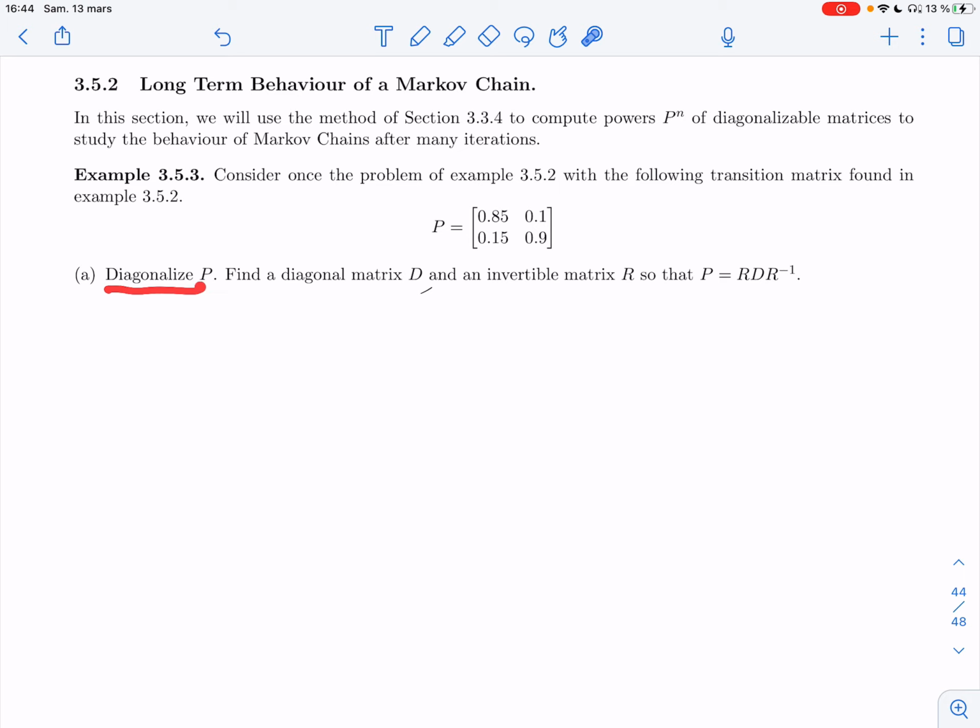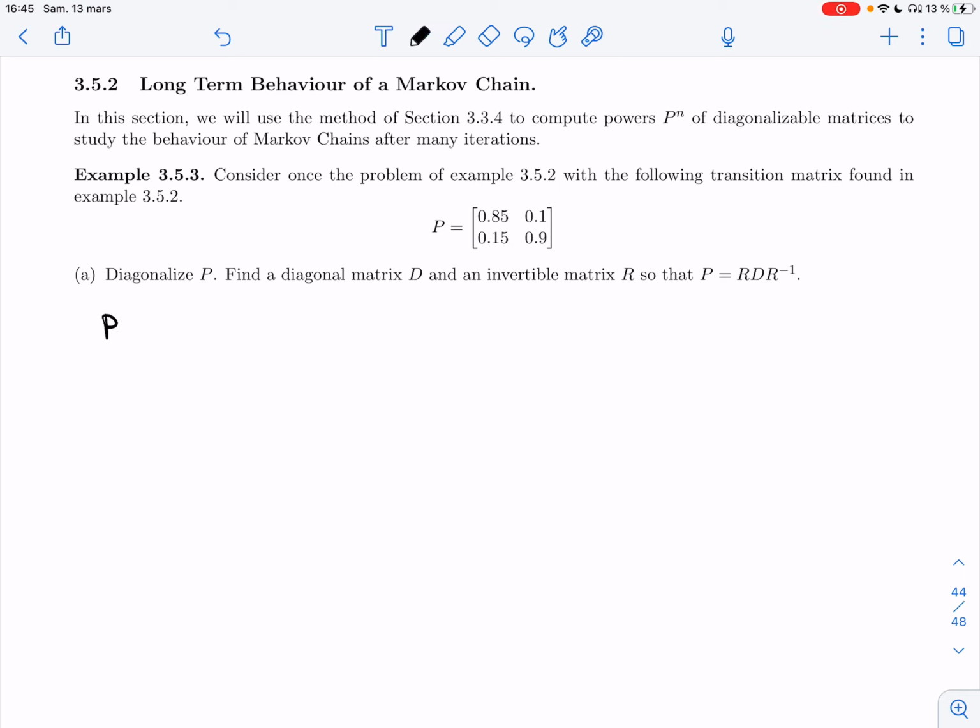So diagonalize P. That means find a diagonal matrix D and an invertible matrix R. Here there's a bit of a clash of notation. It's classical to use P for the Markov chains, and it's also classical to use P for the change of basis, but we're going to use R here just to make sure we don't get crazy things like P equals PDP inverse.